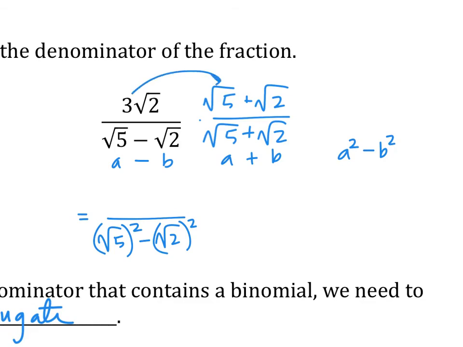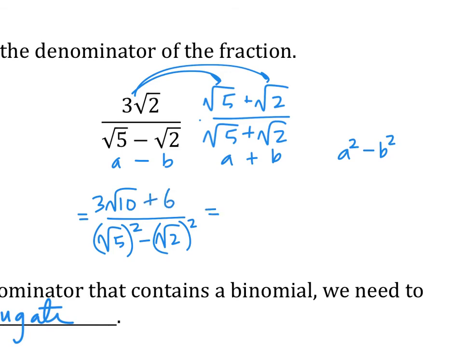All right, so 3 root 2 times root 5 is what? Yes, 3 root 10. We multiply the number with the number, so 3 times the invisible 1, and the radicand with the radicand, so square root 2 times square root 5 is square root 10. 3 root 10. Next, 3 root 2 times root 2. 6.